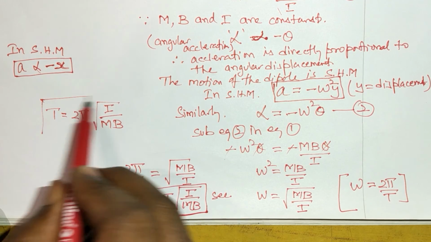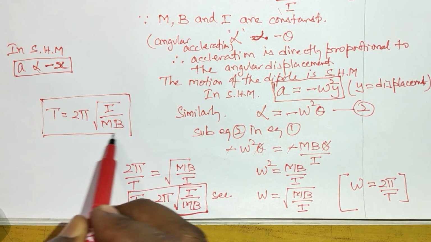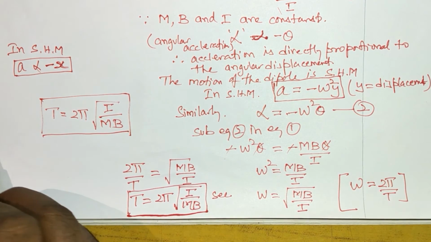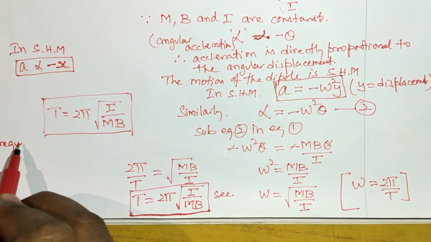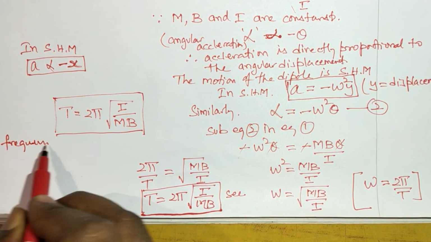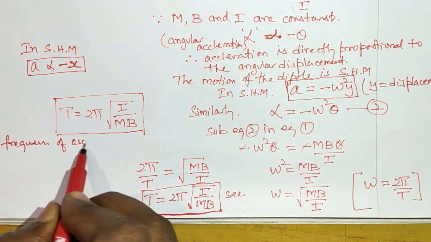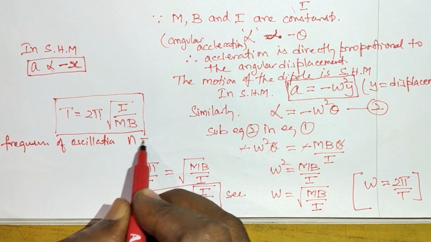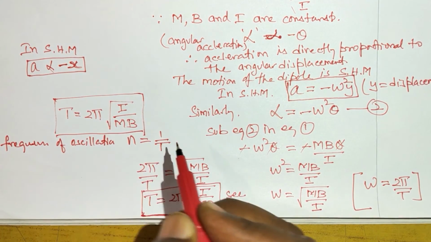This is the formula. So we know what the formula for frequency of oscillation is. Frequency of oscillation is equal to the reciprocal of time period.